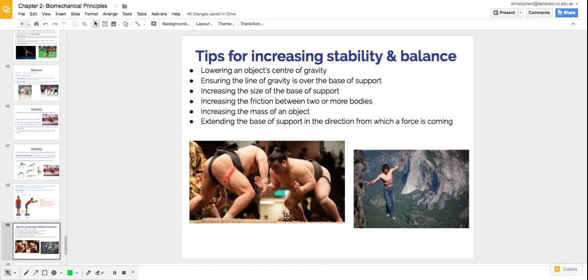An example is standing on a train: if the train's moving, to stop yourself from falling over, you can either widen your feet or slightly turn side on, and that will help improve all these areas. If we increase the mass, that's going to help too, as well as extending the base of support in the direction from which a force is coming.